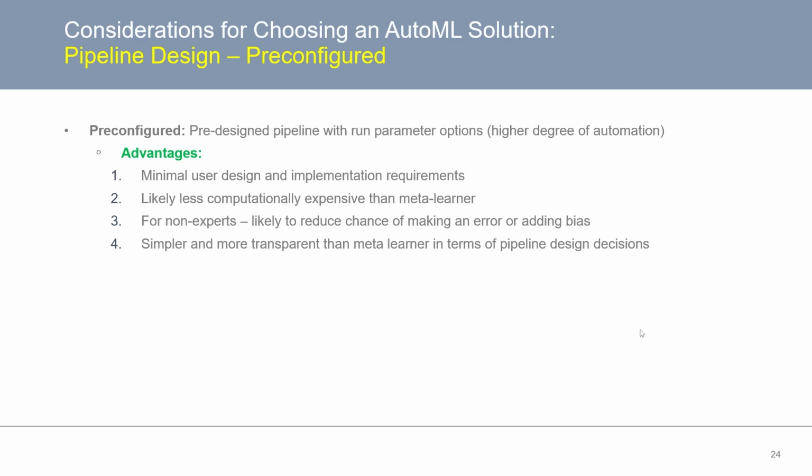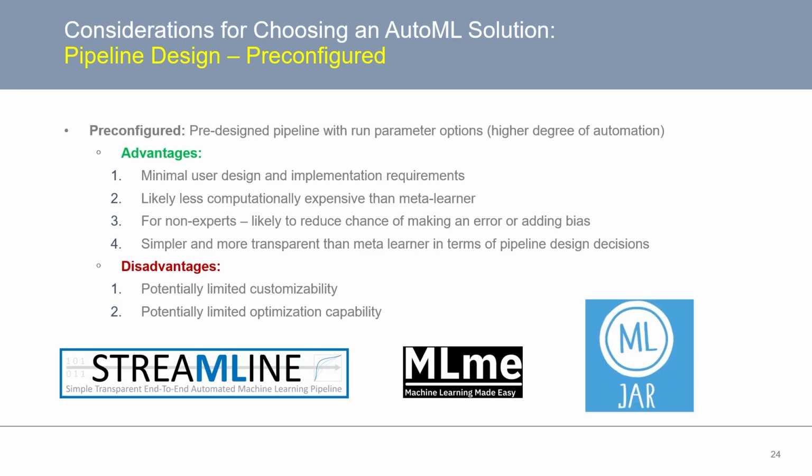And overall, this approach is more likely to be simpler and more transparent than a meta-learner in terms of pipeline design decisions. However, the disadvantages of a pre-configured approach include potentially limited customizability and optimization capabilities. Examples of a pre-configured pipeline design include Streamline, MLme, and MLjar.